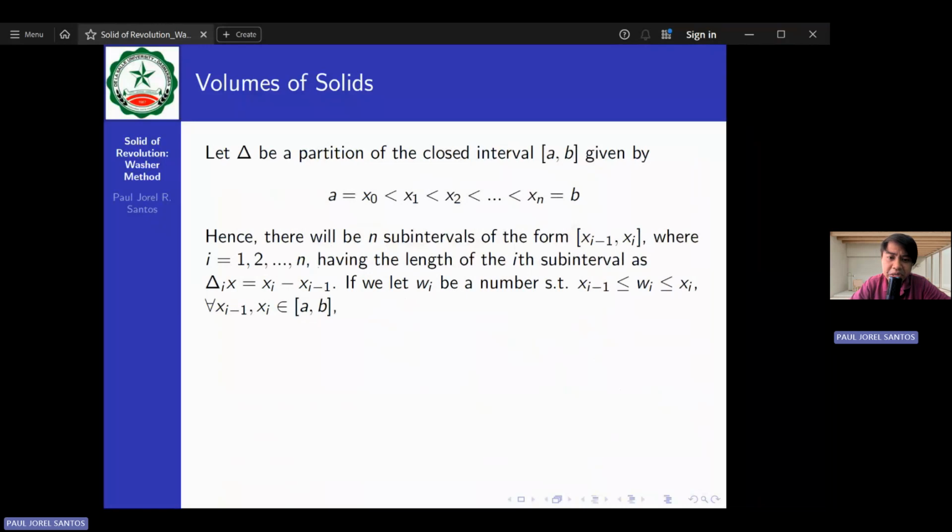Now, let w sub i be a number that satisfies this inequality: w sub i is between x sub i minus 1 and x sub i.